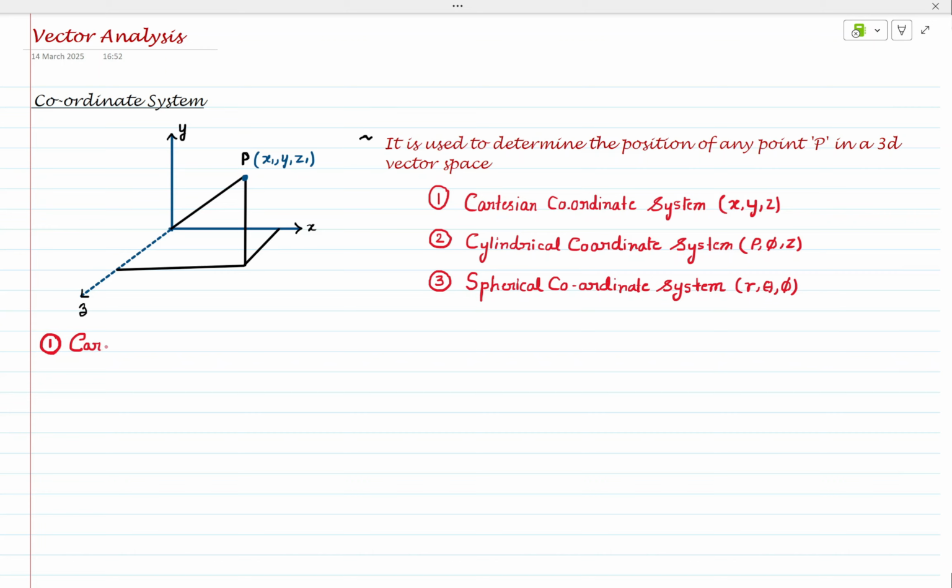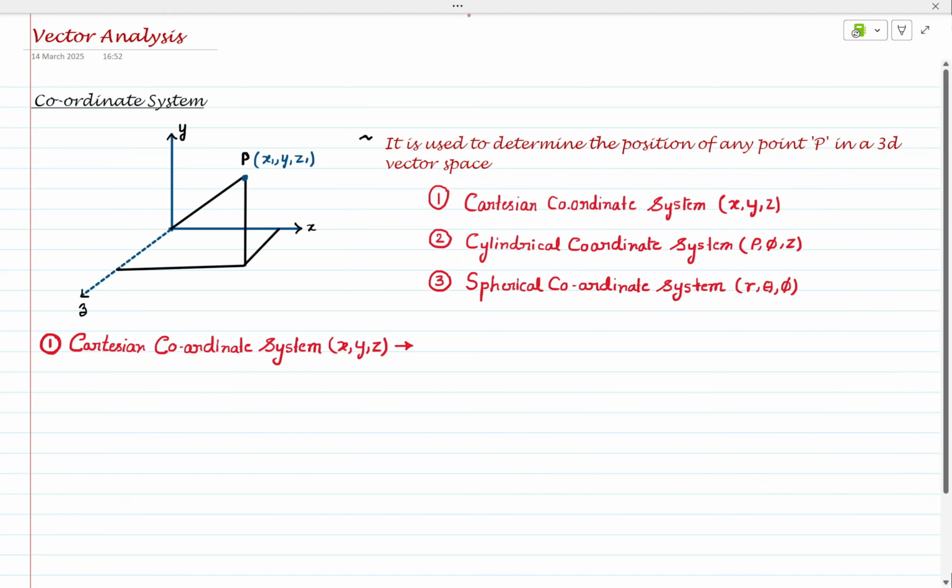And also, you guys are very much familiar with the Cartesian coordinate system, so it will be very easy to understand the easier thing first. So, Cartesian coordinate system, which is also known as the XYZ coordinate system.